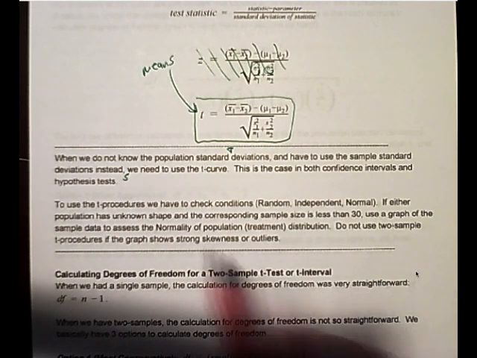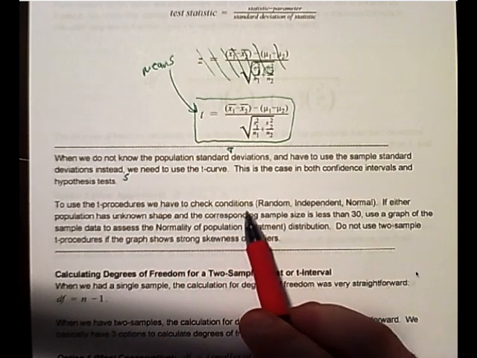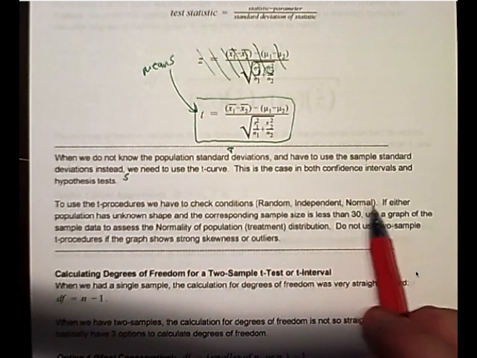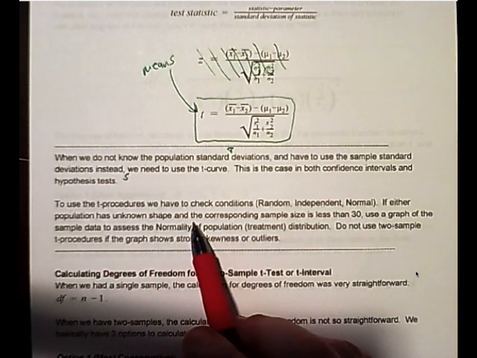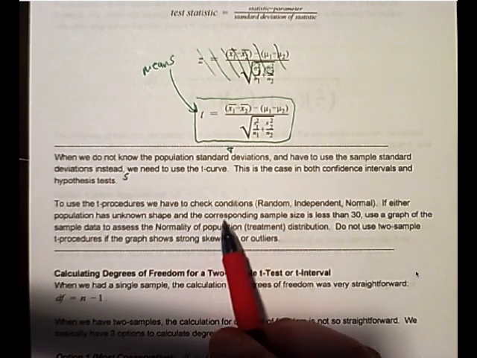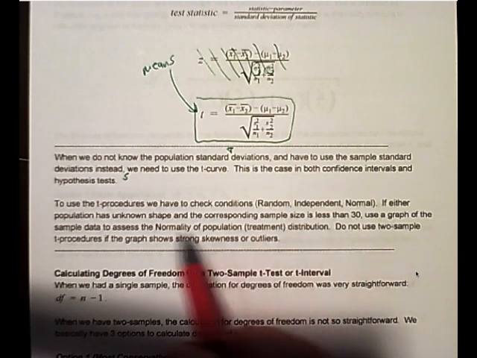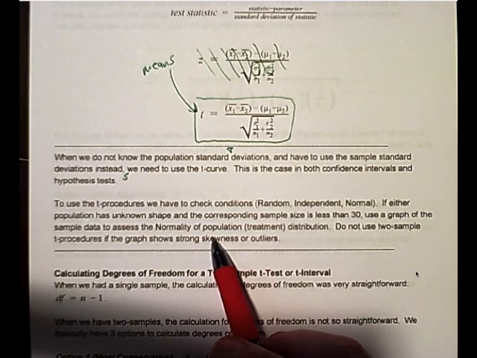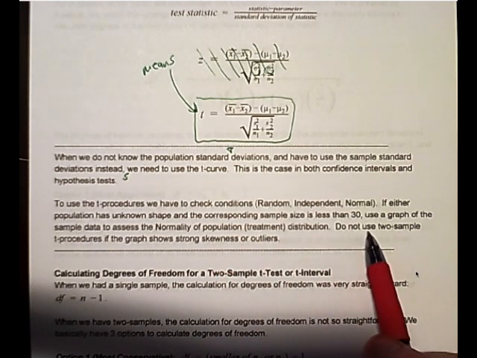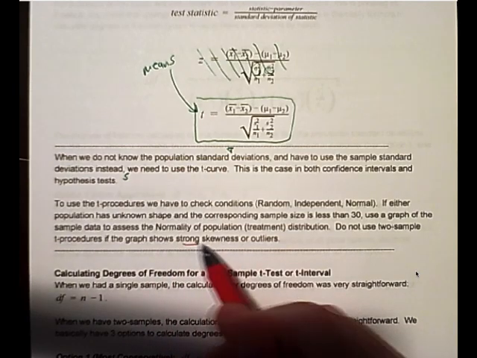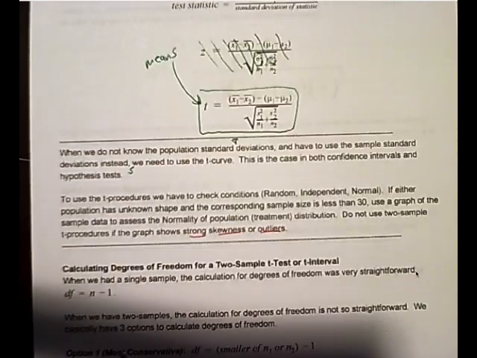So, to use the T procedures, we have to check our conditions, same as before: random, independent, normal. If either population has unknown shape, because remember we have two of them now, and the corresponding sample size is less than 30, use a graph of the sample data to assess the normality of the population or the treatment distribution. Do not use two sample t procedures if the graph shows strong skewness or outliers.